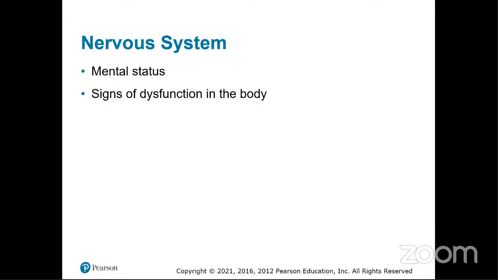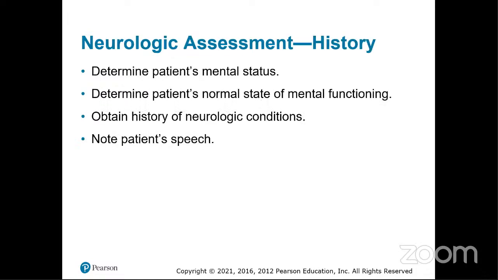All right, mental status. So determining the patient's mental status. And then we also have to determine what the patient's normal mental status is. If we have somebody with Down syndrome or autism, their mental status may seem off, but that's just normal for them.